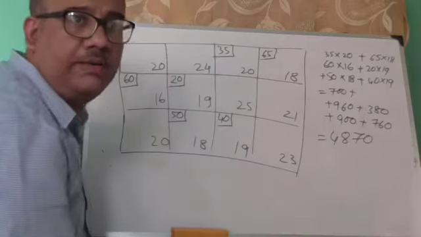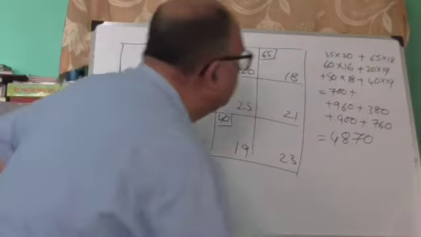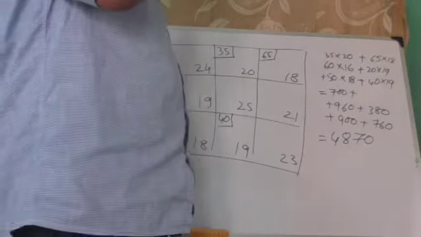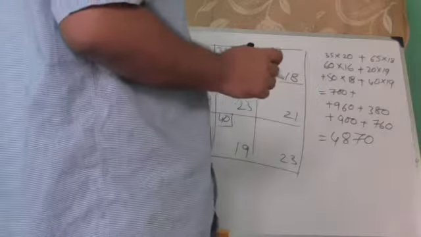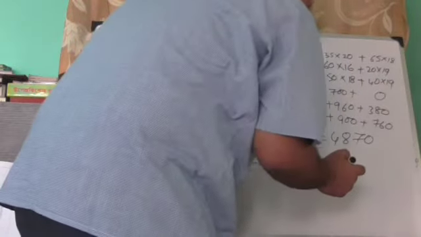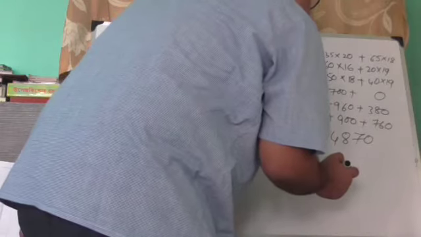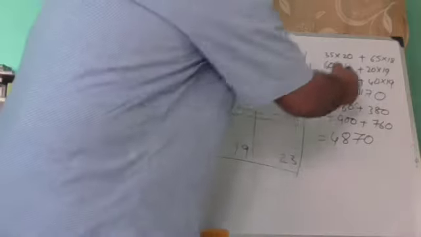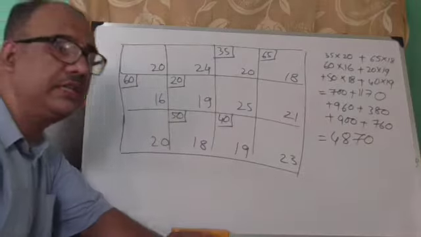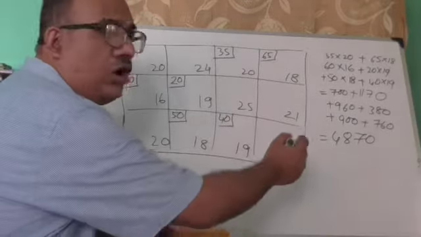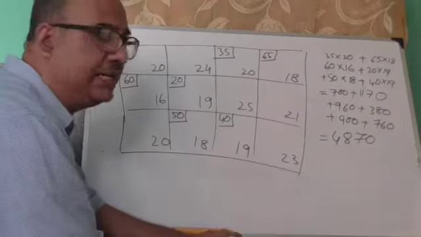How much is 65 into 18? 65 into 10 is 650, and 8 into 65 is 520, so the value becomes 1170. Adding everything, the total value becomes 4870.